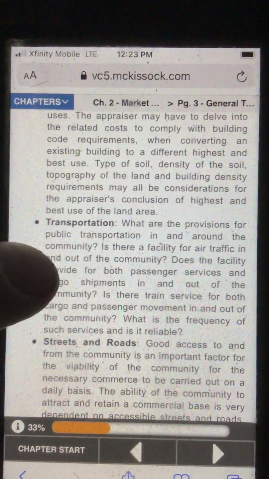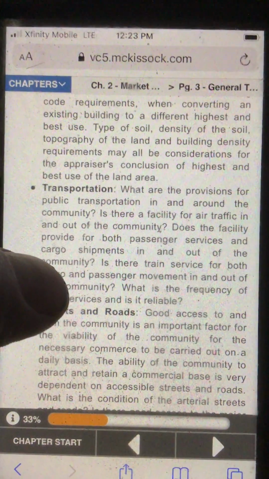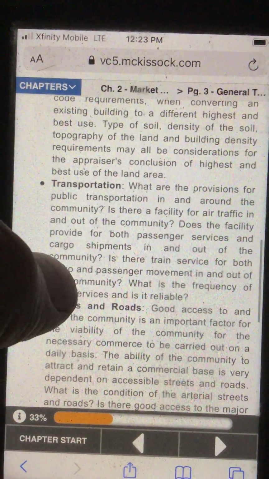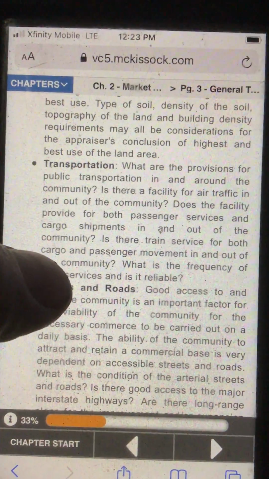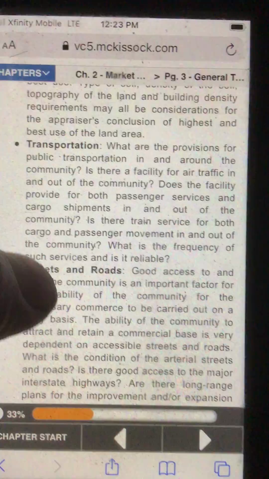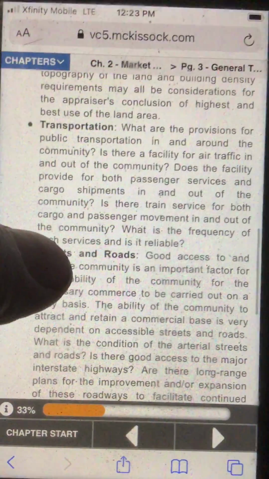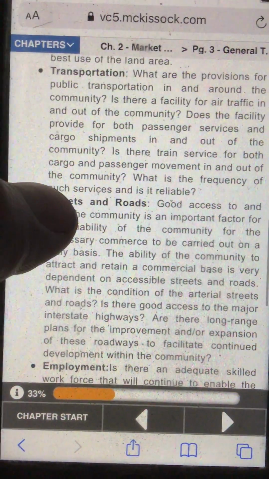The appraiser may have to delve into the related costs to comply with building code requirements when converting an existing building to a different highest and best use. Type of soil, density of soil, topography of the land, and building density requirements may all be considerations for the appraiser's conclusion of highest and best use of the land area.